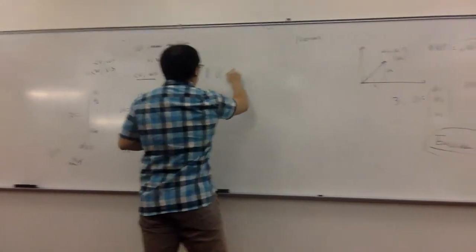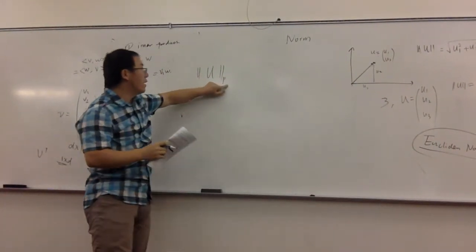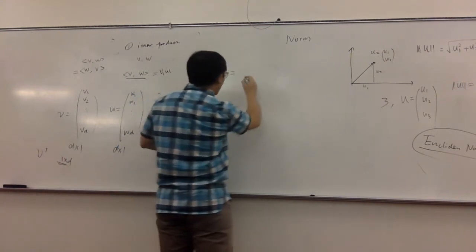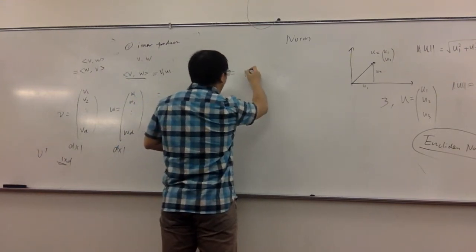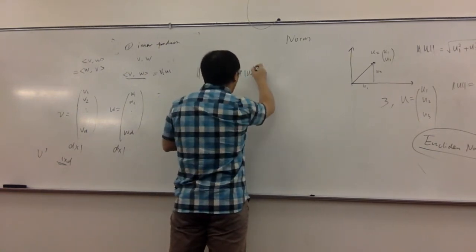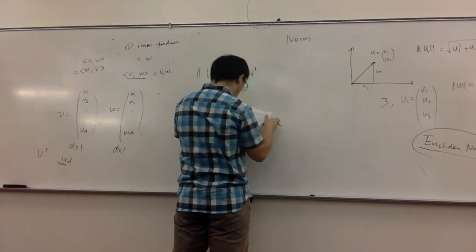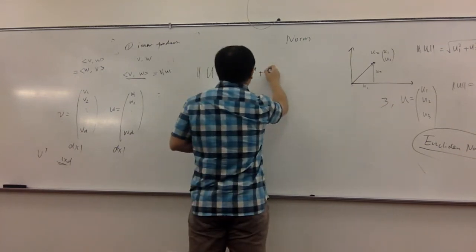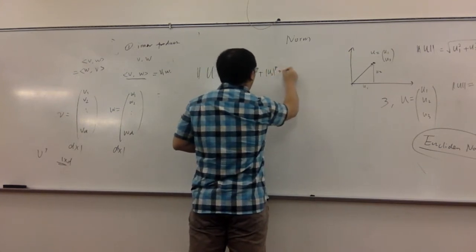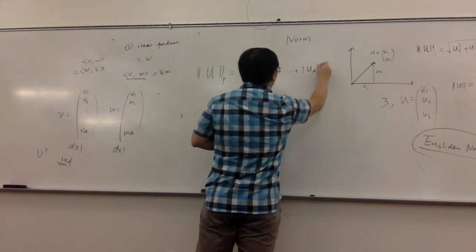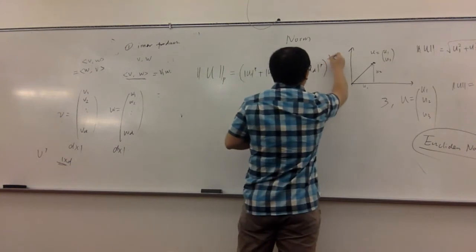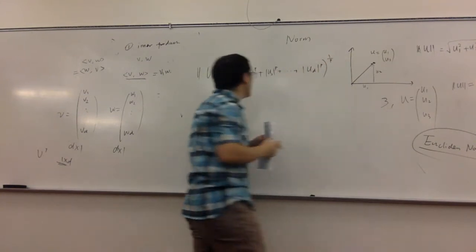We denote the LP norm with this subscript P. It's defined as follows: we first take the absolute value of each element in U. So U1 absolute value to the P, plus the second absolute value, U2 to the P, and add them together until Ud to the P. Then we sum them together and take 1 over P. So this is called the LP norm.